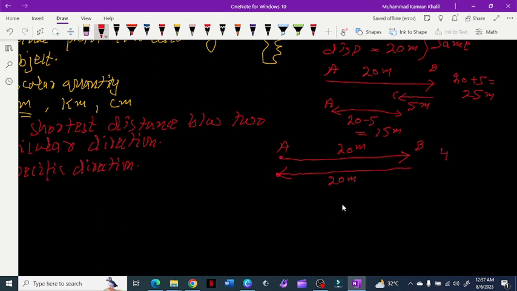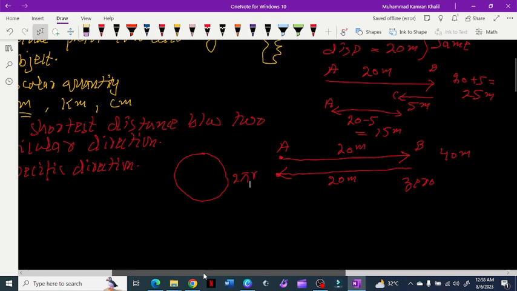So distance traveled will be 40 meter, but displacement will be zero because initial and final are the same point. Or if you move one complete path in a circle, the distance traveled will be 2 pi r, the circumference of the circle, but the displacement will be zero.